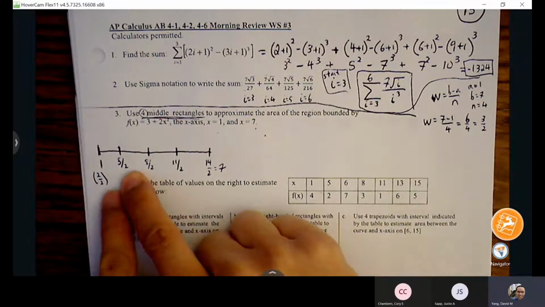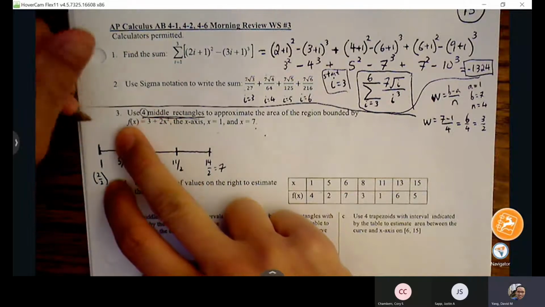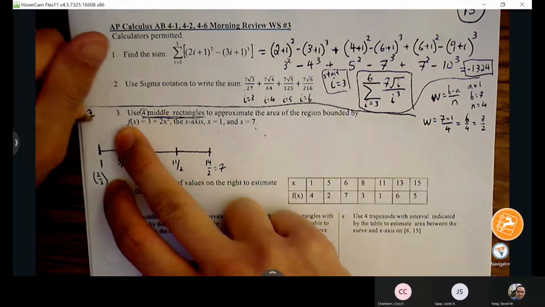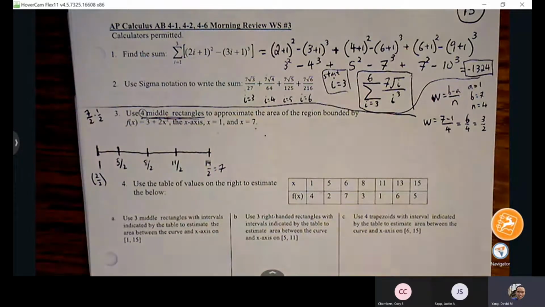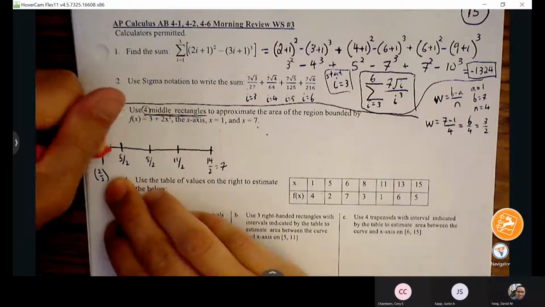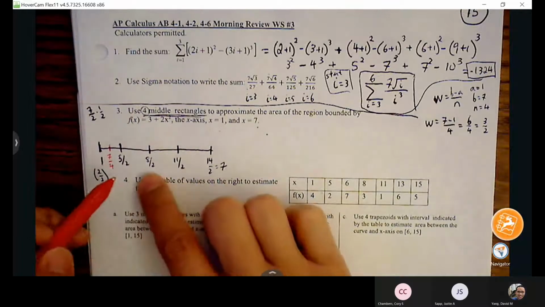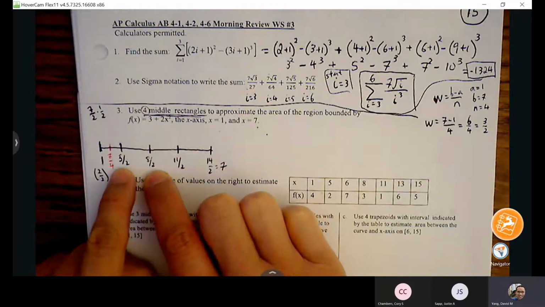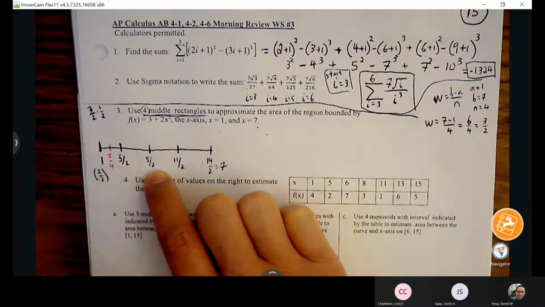So 2/2 plus 5/2 is 7/2. Half of 7/2 is 7/4. The average of these 2 numbers here, 13/2 times 1/2 will be 13/4.